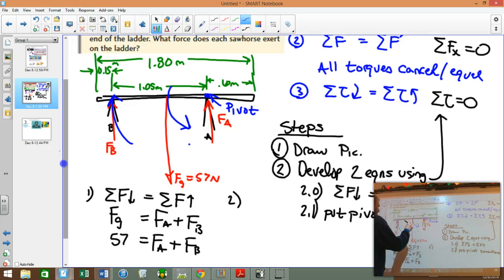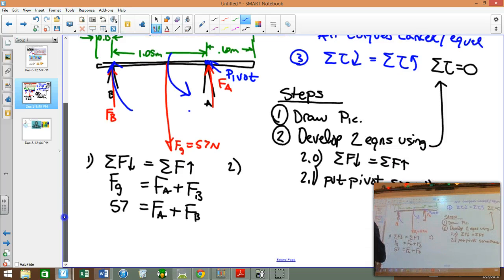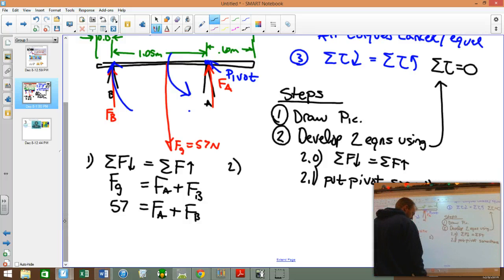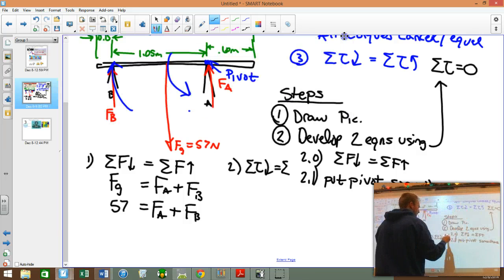These two torques have to equal each other. This force right here is not exerting a torque because it's like pushing on the hinge. So the torque from the gravity and torque from force B are going to equal each other. So add up all the torques that are clockwise, and they have to equal all the torques that are counterclockwise.